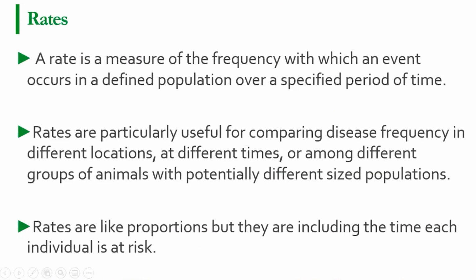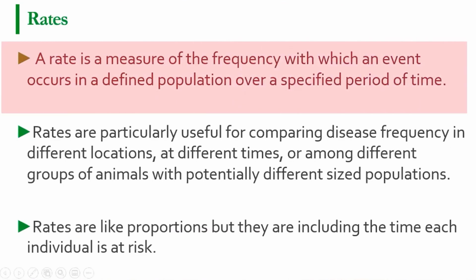Rates are a measure of the frequency of a disease where time is the unit, which makes them differ from proportions. It's a disease which occurs in a defined population over a period of time.